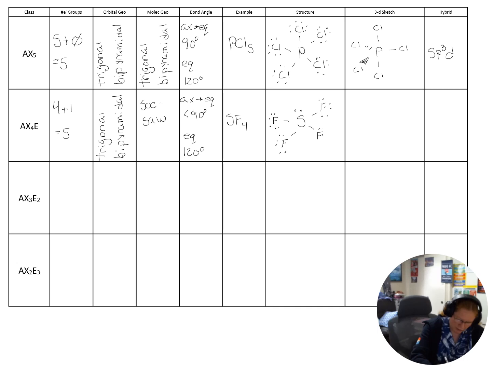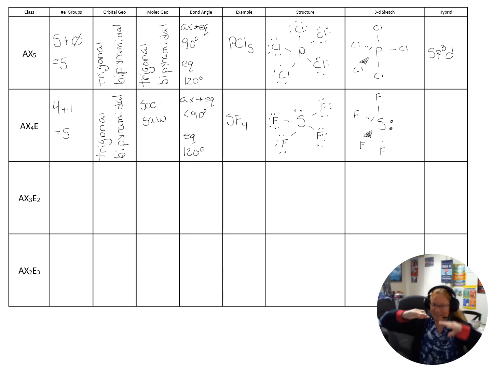There's the Lewis structure of our example. Okay. And so remember, we don't take it off the axial regions. That lone pair is on equatorial region. Okay, and so if you tip it on the side, that's where you get that teeter-totter seesaw look.